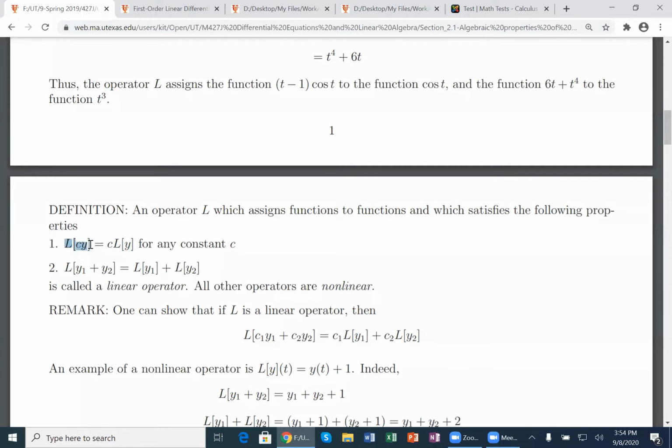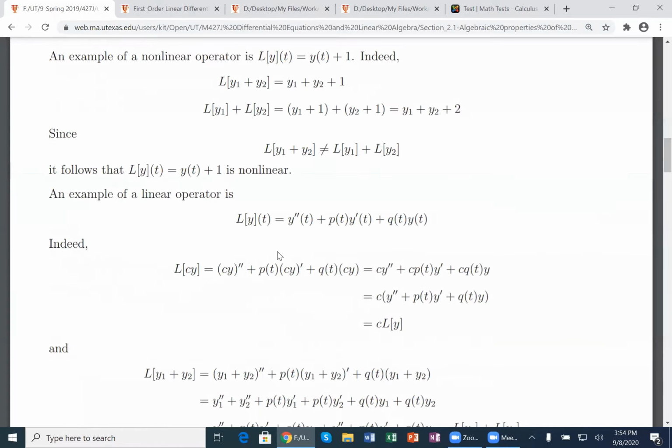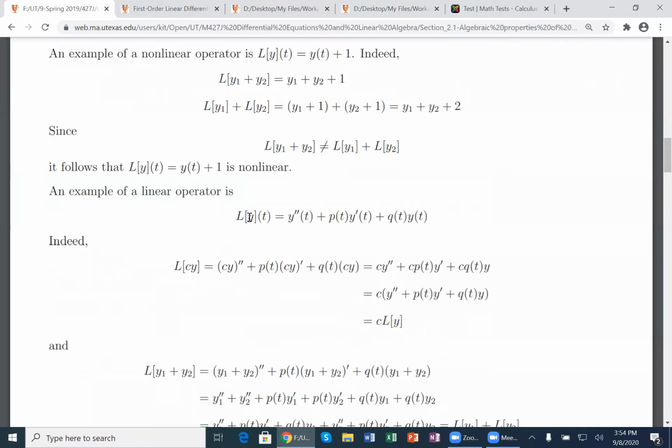The left-hand side here is L of Cy. So let us replace y here, here, here, and here by Cy. Done. Next, by calculus 1, when we take the derivative, we can factor the constant out. Done, done. Over here, we just switch positions.